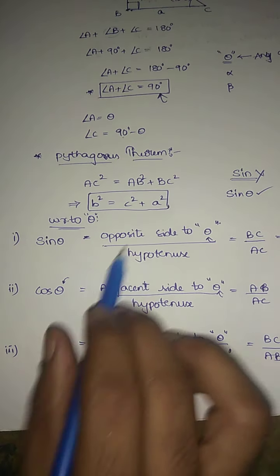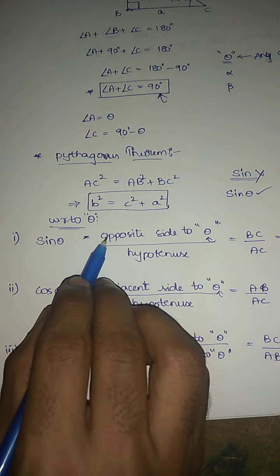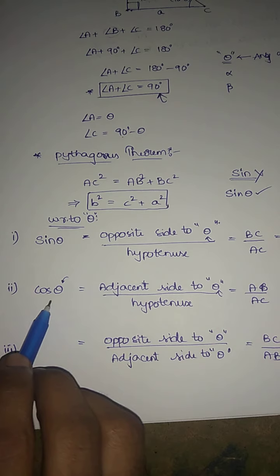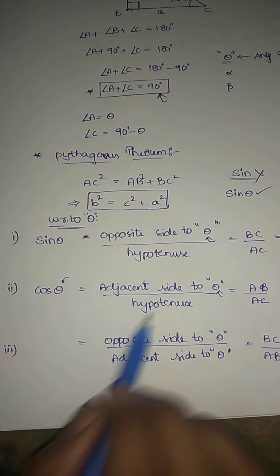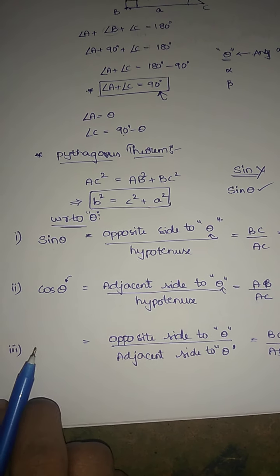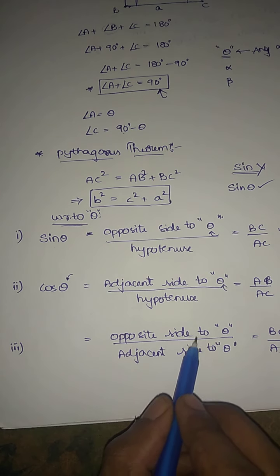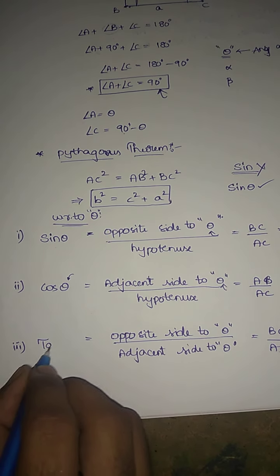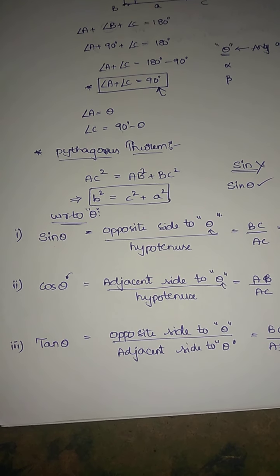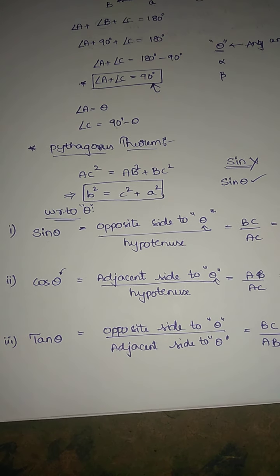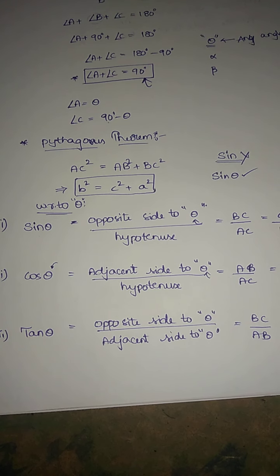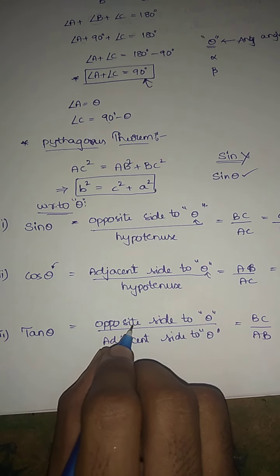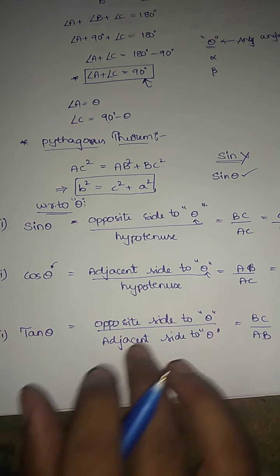Guys, remember these ratios. Sin theta is equal to opposite side to theta by hypotenuse. Cos theta is equal to adjacent side to theta by hypotenuse. Okay, remember this. If I find anywhere opposite side to theta by adjacent side to theta, then I am going to replace it with tan theta. So tan theta is nothing but opposite side to theta by adjacent side to theta.